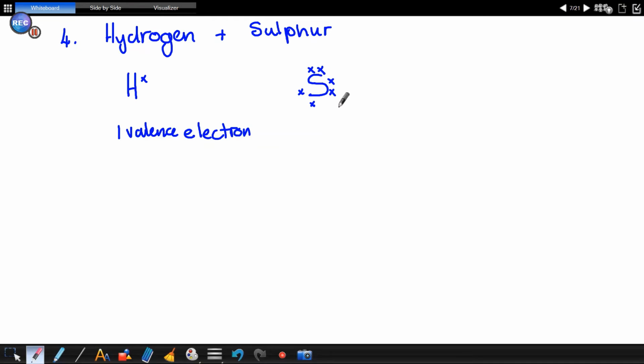I'll see that there are 2 pairs of electrons together, 1 electron alone, 1 electron alone. It's got 6 valence electrons. How many bonds can hydrogen form? A bond must share electrons. So here there's a missing electron, so it can form 1 bond.